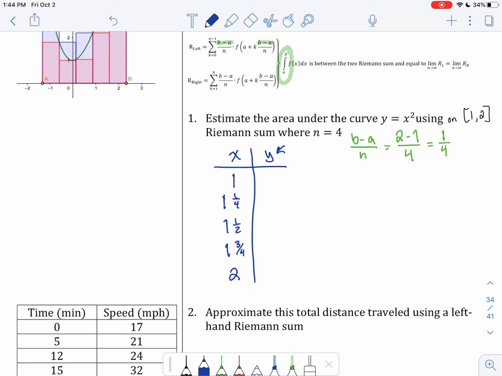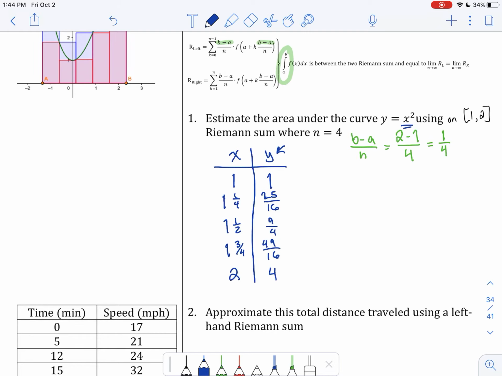So then the height, using our formula, x squared, that's the height of the graph of the curve. So then I have 1, 25 over 16, 9 over 4, 49 over 16, and 4.